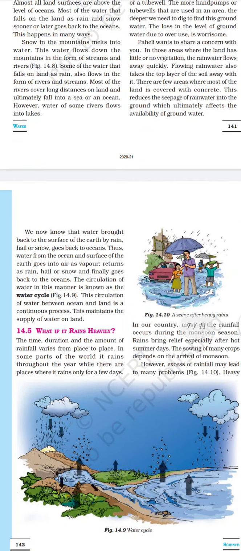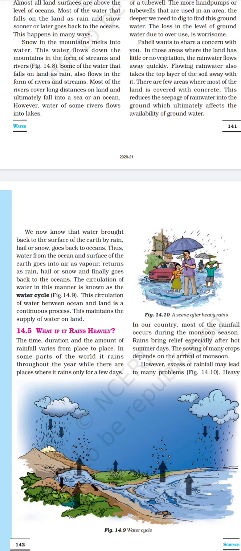Now we know that water is brought back to the surface of the earth by rain. So how can we get the water again to the surface of the earth? One of the processes is rain or hail or snow, and it goes back to the oceans. Thus water from the ocean and the surface of the earth goes into the air as vapor. So how are we getting water on the surface of the earth? Either by rain or by hail or snow.